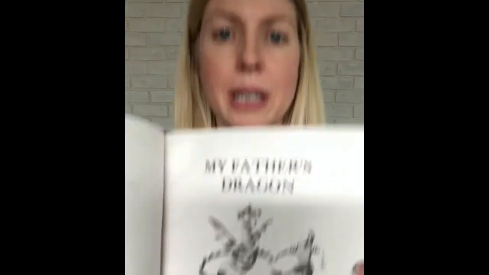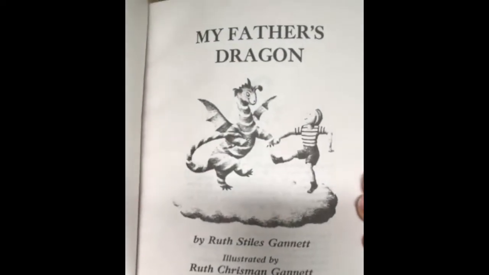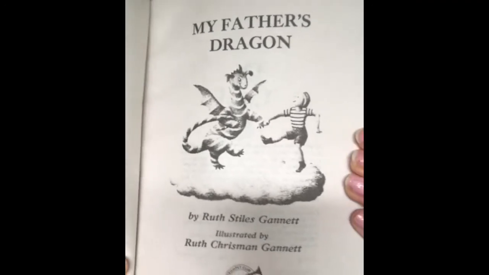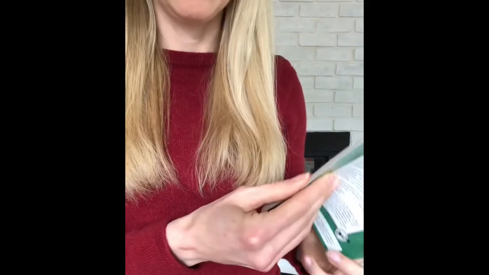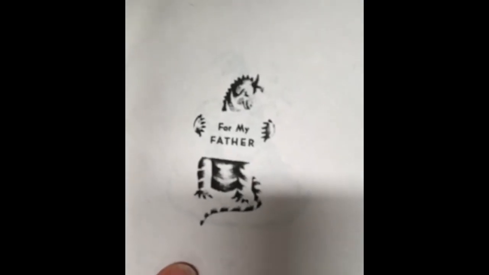Okay, so we will get ready to start the story. So I'm opening it up. We have My Father's Dragon by Ruth Stiles Gannett, illustrated by Ruth Chrisman Gannett. And the dedication says, "For my father."